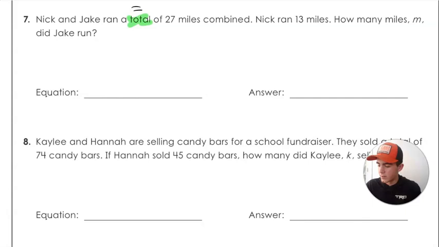Equal sign right there. Ran a total of 27 miles combined. So both of them ran 27 miles. Then Nick ran 13 miles. Okay, here's the question. How many miles did Jake run?